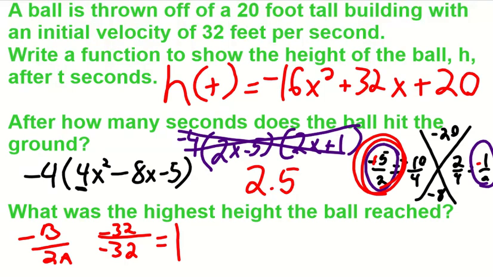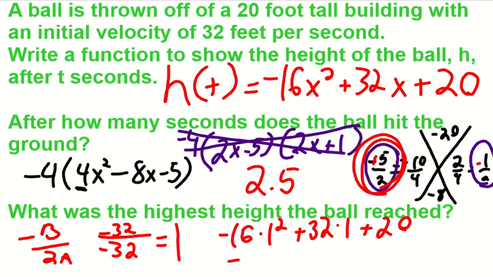When it asks for the highest height, that's the y value for that vertex, okay? So we got to plug that in. The good news is 1's usually, obviously, very easy to work with. We got negative 16 times 1 squared plus 32 times 1 plus 20. 1 squared, 1 times 1, that's just 1.